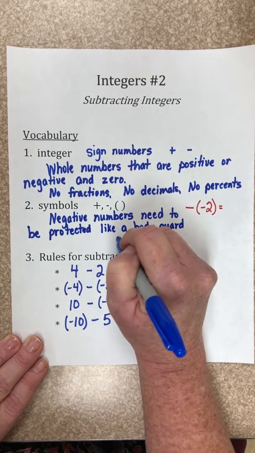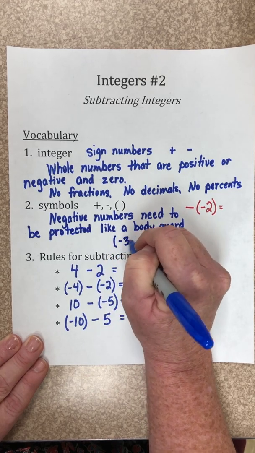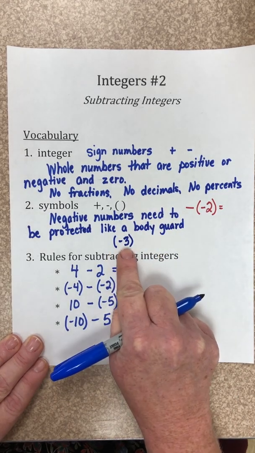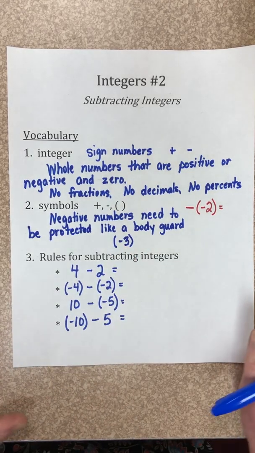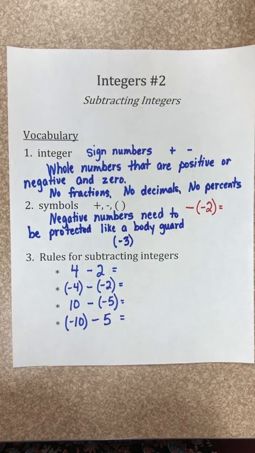So an example would be -3. We put the parentheses around the negative and the 3 to protect that negative sign. So we know for sure that number is not positive, it is negative.